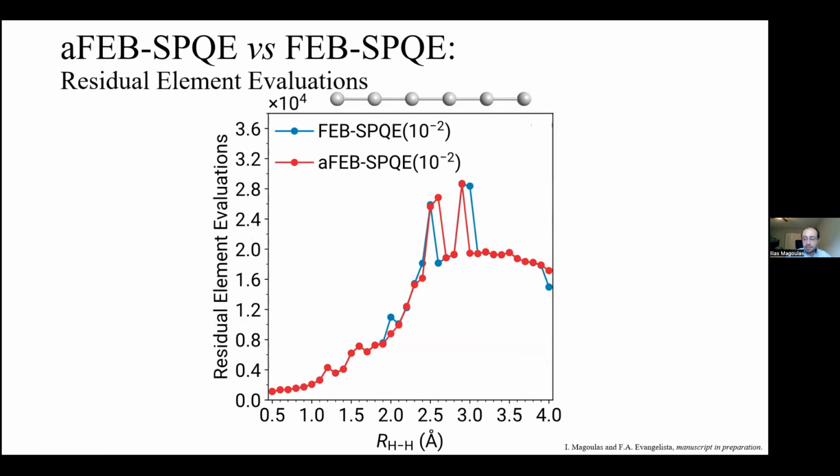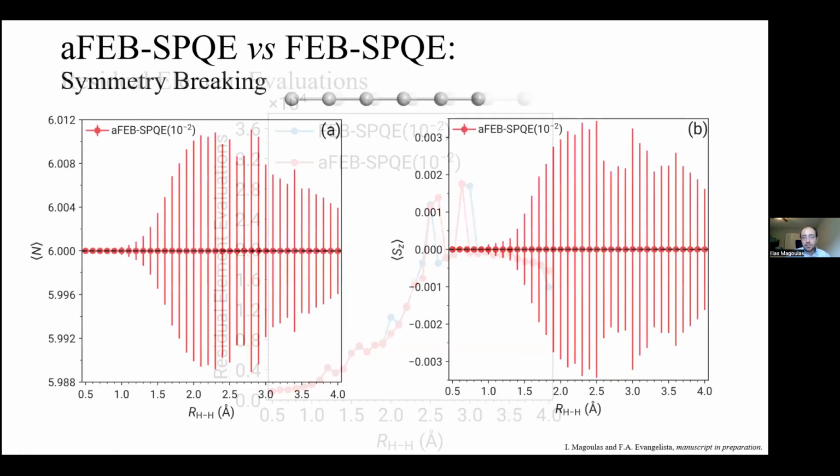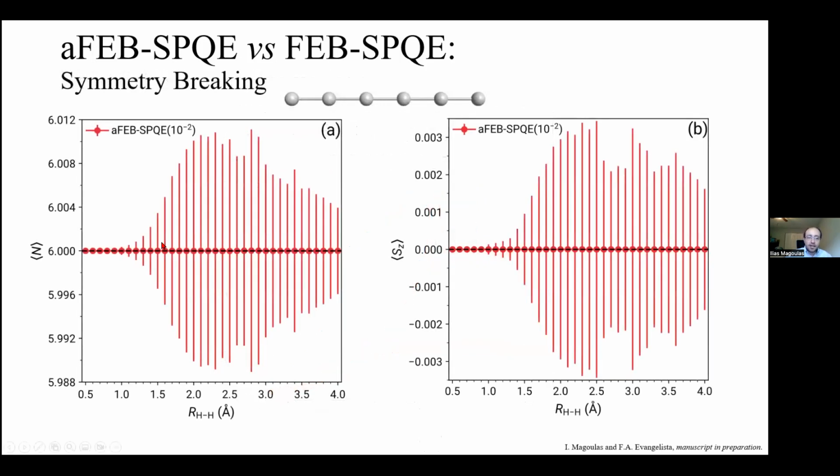Now you may be wondering, well, what about the symmetry breaking that you talked about? We also looked into that. Here we have the expectation value of the particle number and the expectation value of SZ. And you will see that these expectation values lie exactly on top of the corresponding eigenvalues for the ground electronic state of H6.